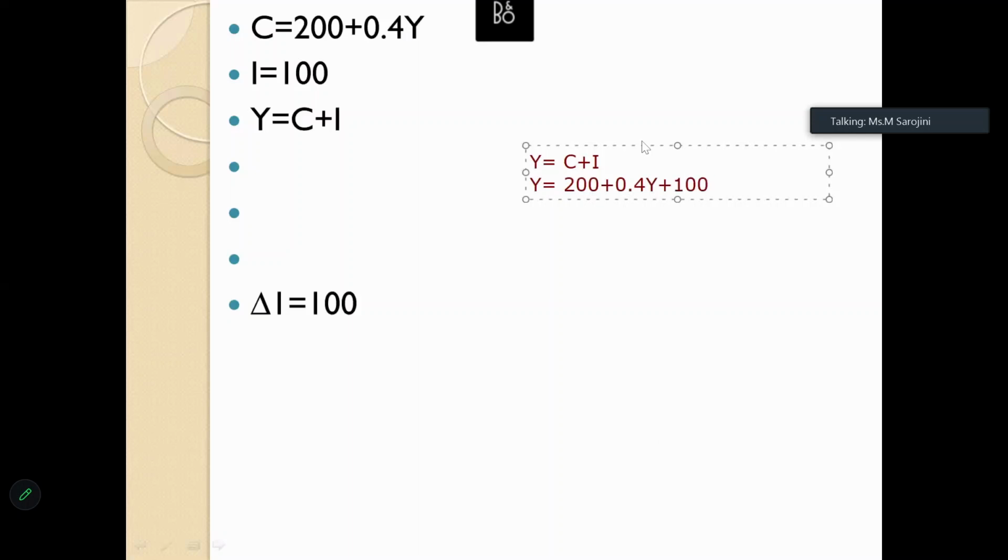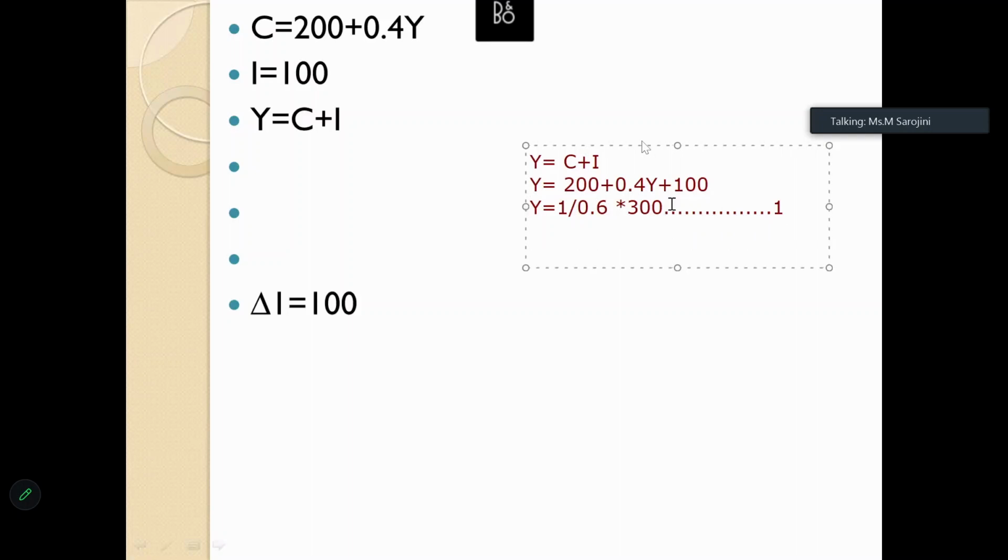Now, Y is equal to 1 divided by 0.6 into 300. Is it correct? Yes, ma'am. Right. This is equation 1.